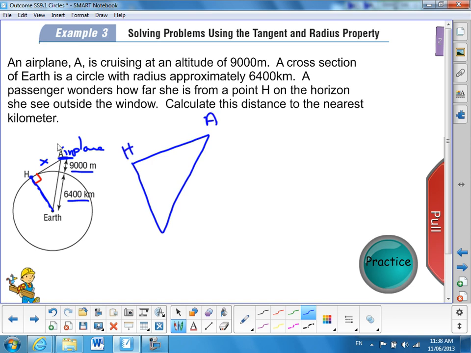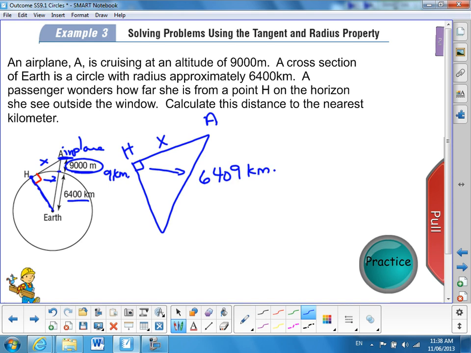This side, which would be the hypotenuse, the whole length, is 6,400 kilometers plus 9,000 meters. We have to be very careful because they're in different units. So we're going to change this to kilometers. 9,000 meters is 9 kilometers. So this length is 6,409 kilometers.